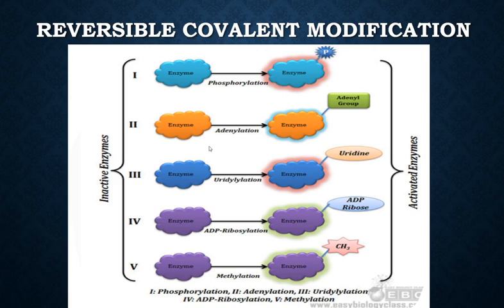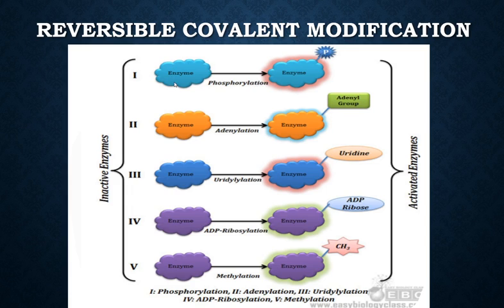Before, in the allosteric regulation, there was non-covalent modification, but here the catalytic activity is modulated by reversible covalent modification of the enzyme. And more than 500 different molecules are known to modify enzymes by this method. Okay, so how the regulation is going on, let's see.